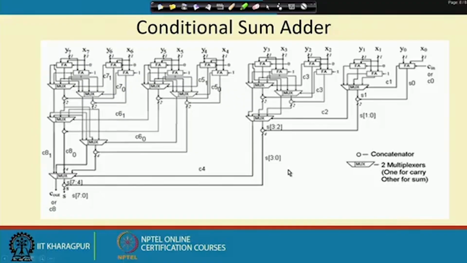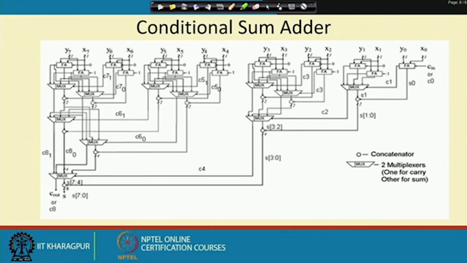Based on that, we have tried to develop this conditional sum adder, which is the fastest adder among all the adders we have learned till now. So we were discussing this 8-bit conditional sum adder.